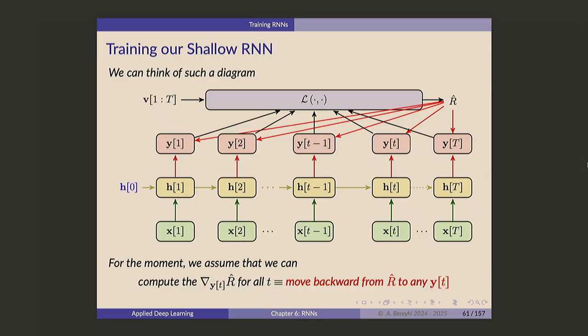Second thing, Wm shows up in what variables here? Does Wm show up in y1? Not directly, but it shows up somewhere there. If you think like a computation graph, it's impacting that one. Is it impacting y2? Yes. y3? Yes. yt? Yes. Everybody, right?